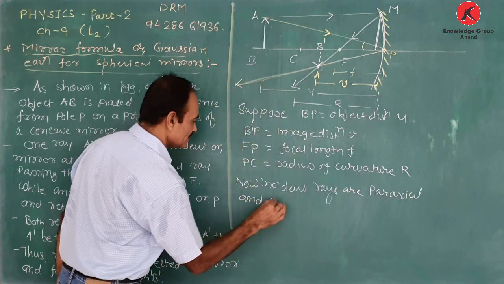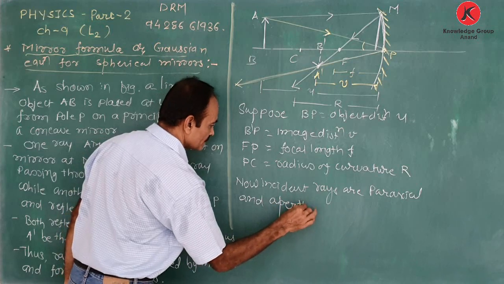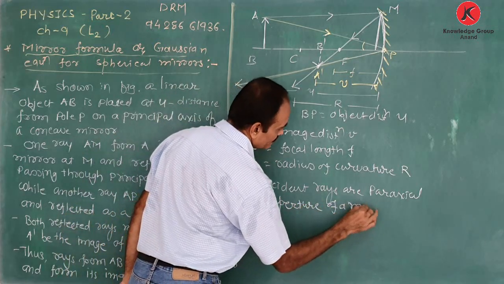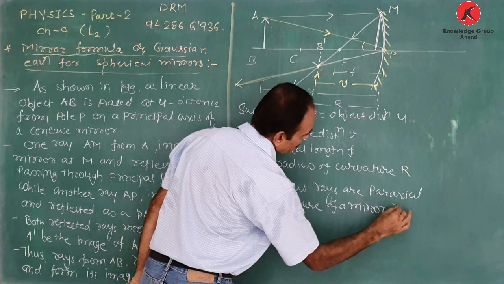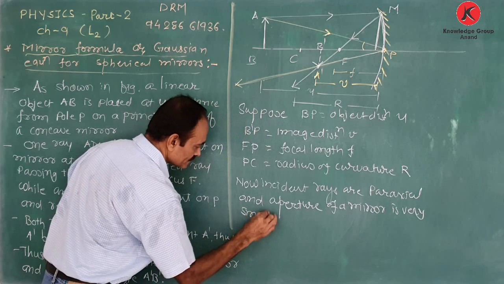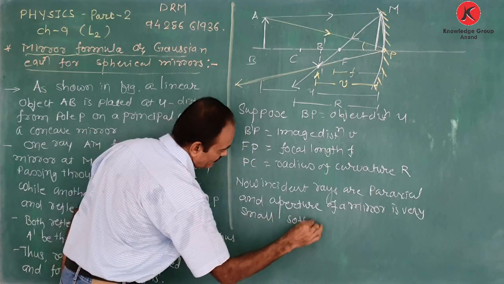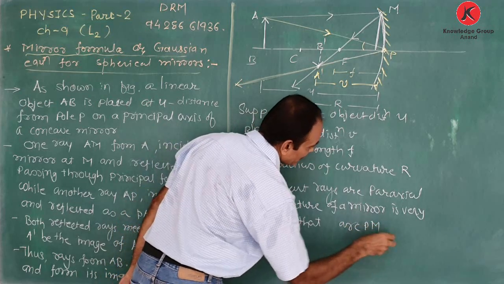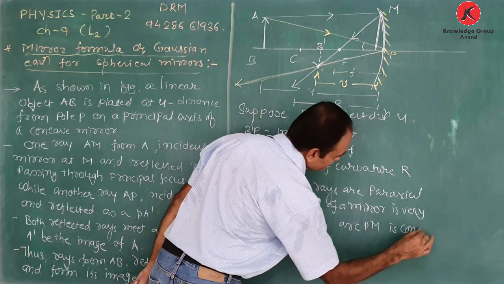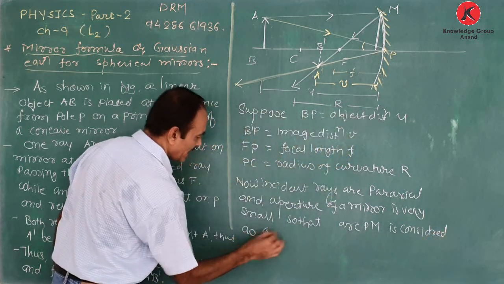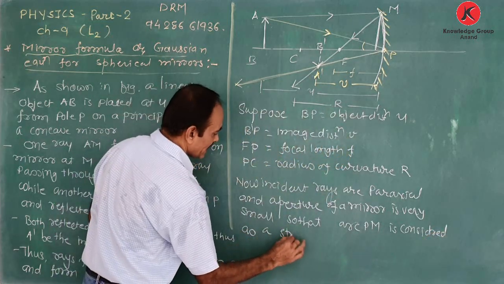And the aperture of a mirror is very small, so that MPM is considered as a straight line.